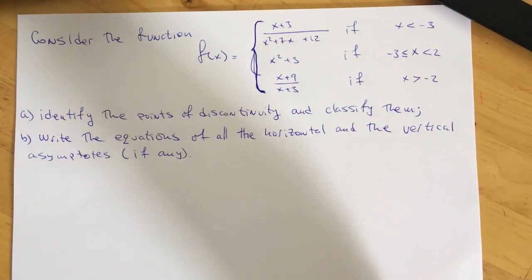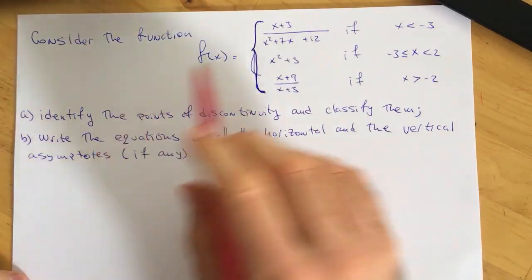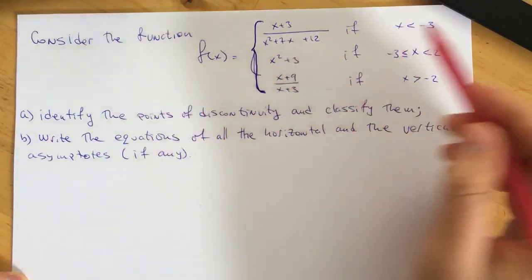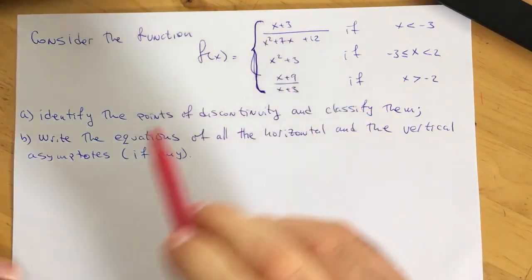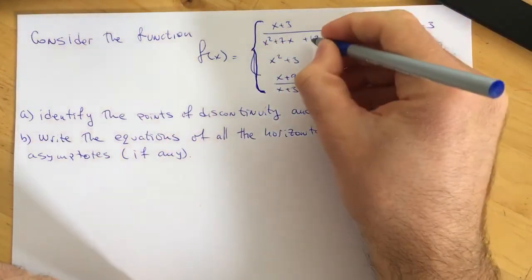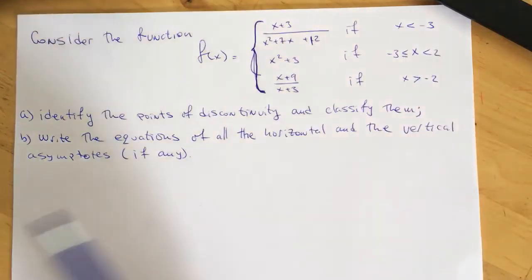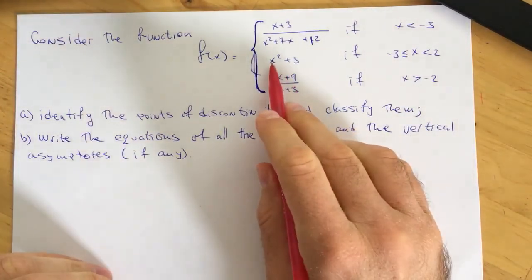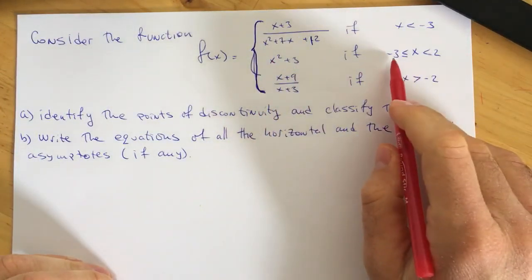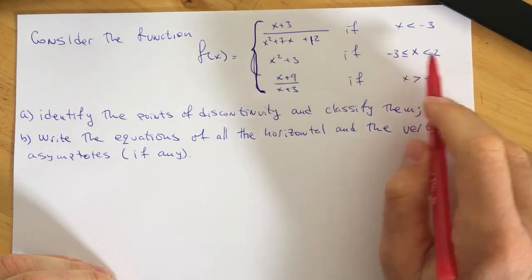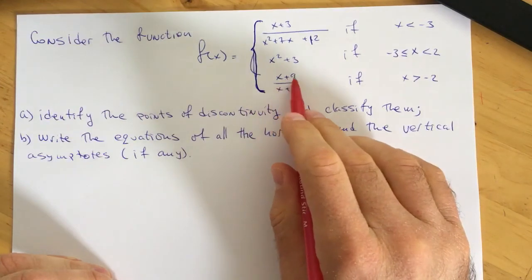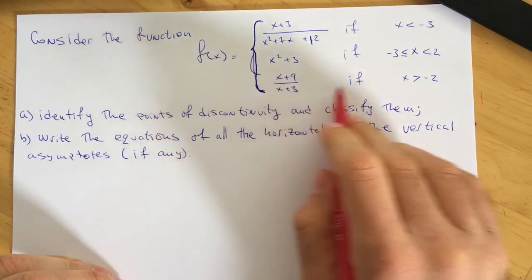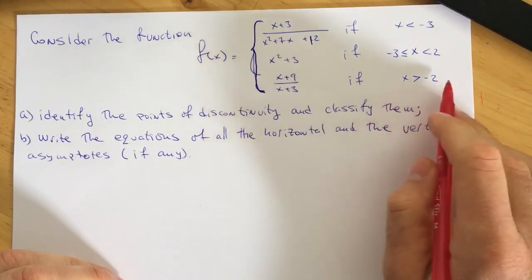Okay, so the question says, given the function defined piecewise as (x + 3)/(x² + 7x + 12) on the interval from negative infinity to negative 3, the polynomial x² + 3 defined on the interval from negative 3 to negative 2, negative 3 included, and the rational function (x + 9)/(x + 3) on the interval from negative 2 to infinity.